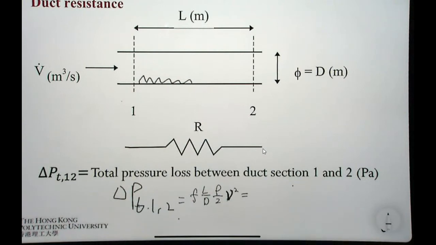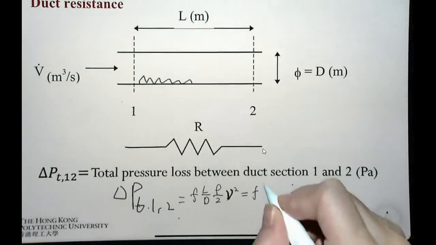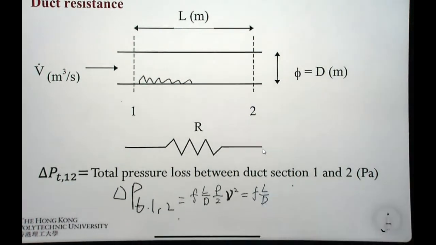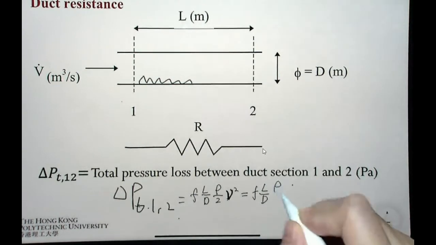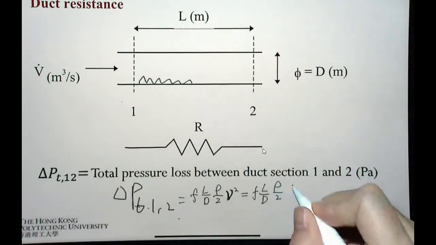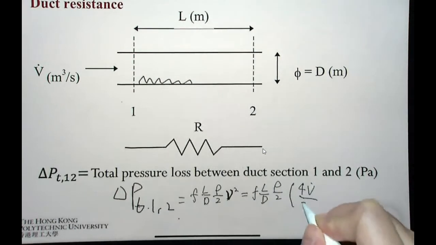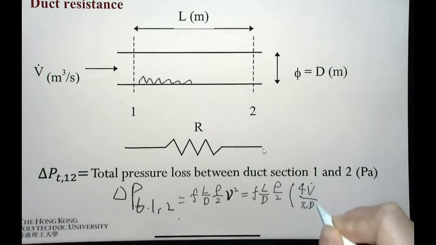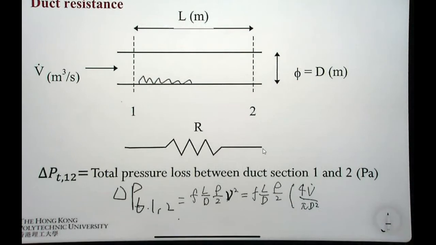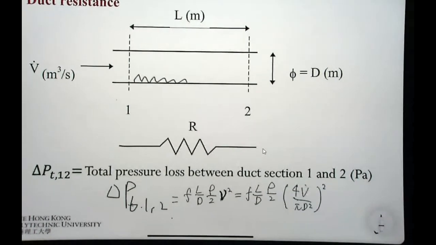So this function further equals the friction factor times the length divided by the diameter, times, the same here, but for velocity it's 4 times the airflow rate divided by pi times the diameter of the round duct, and you take the square.